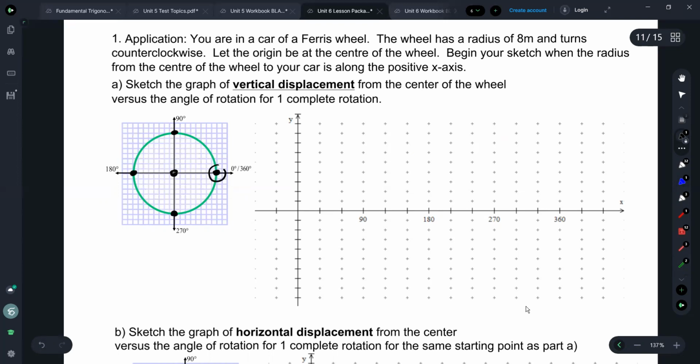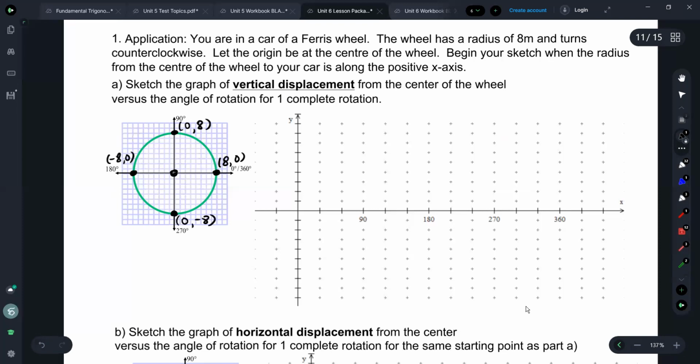So what's the coordinate of this point? If I go 8 units over on the X axis, 8, 0. Okay. What about this point? That is 0, 8. How about the point on the left? Negative 8, 0. And the bottom point? 0, negative 8.